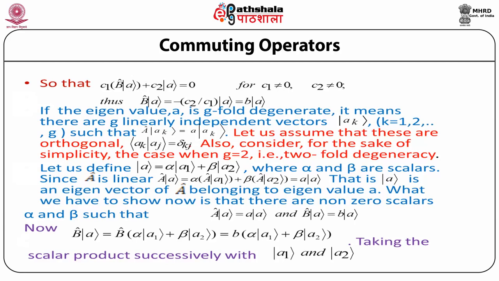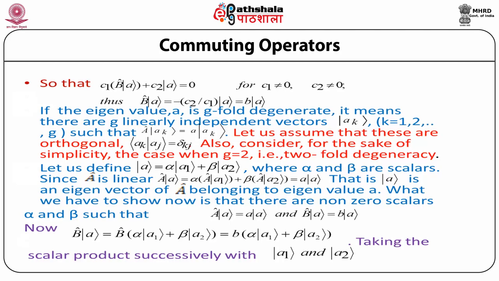vectors ket vector AK, K going from 1 to G, such that operator A acting on ket vector AK is equal to A times ket vector AK, where A is the eigenvalue corresponding to each of the linearly independent AK ket vectors.